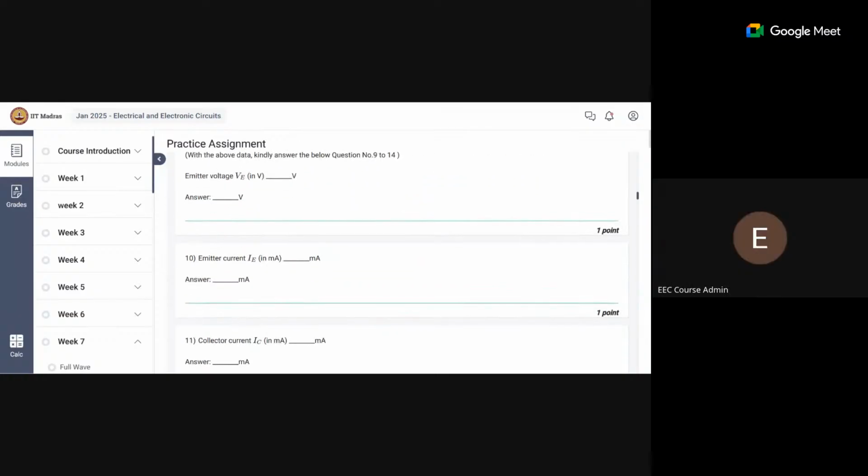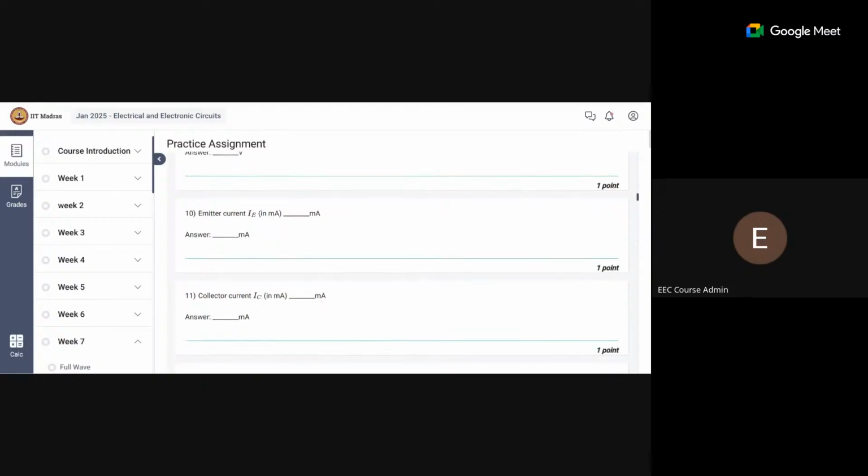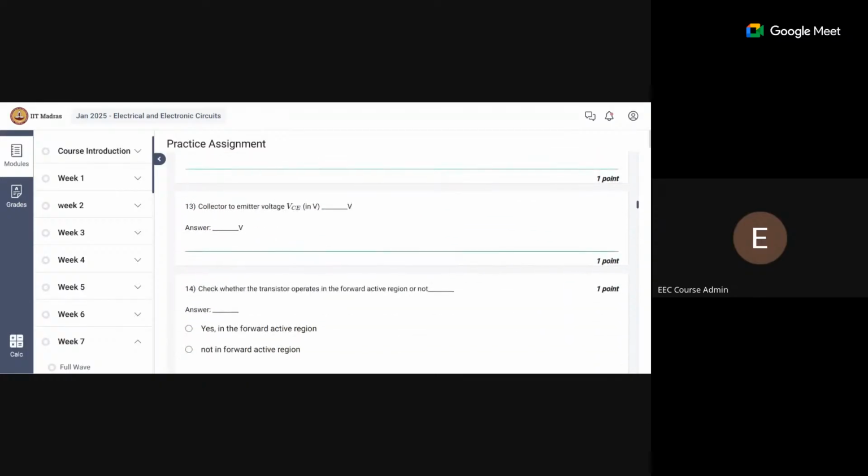So by properly choosing the circuit values as well as VCC, you are setting the DC voltage and current. So for the first set of values, you find out VC, VE, IC, etc. Then the second set of new values. What are these values again? That is the thing. So this I will note and update.